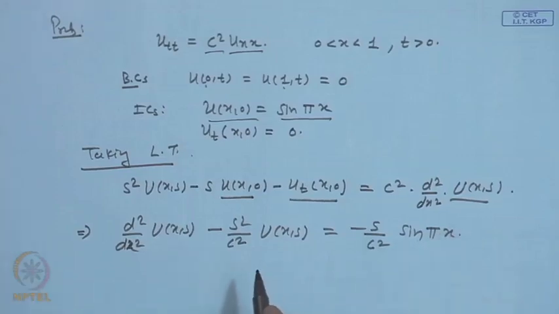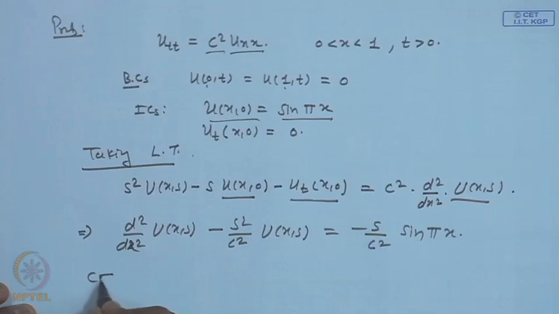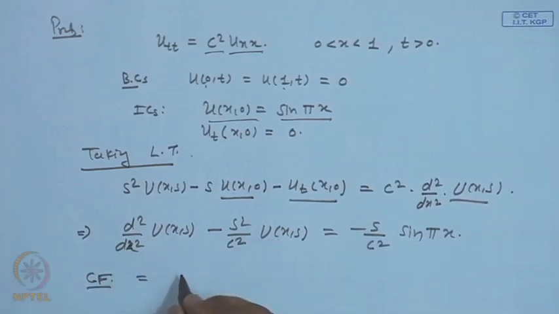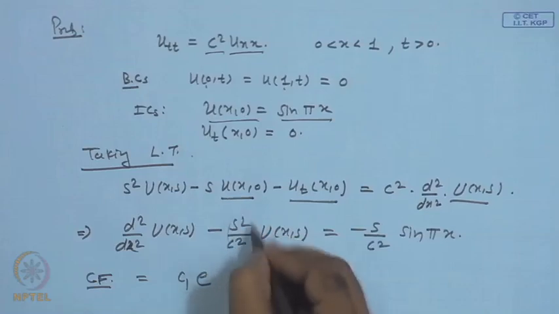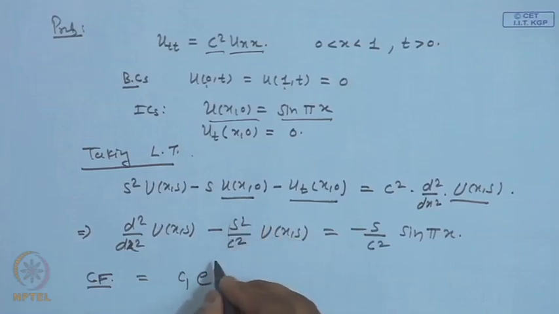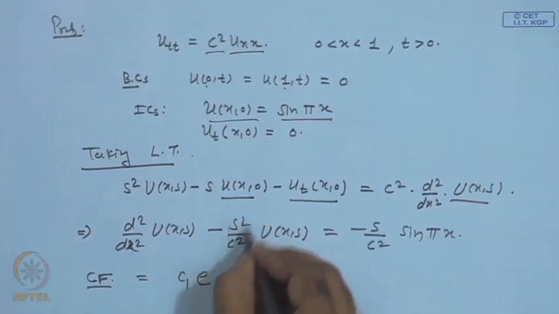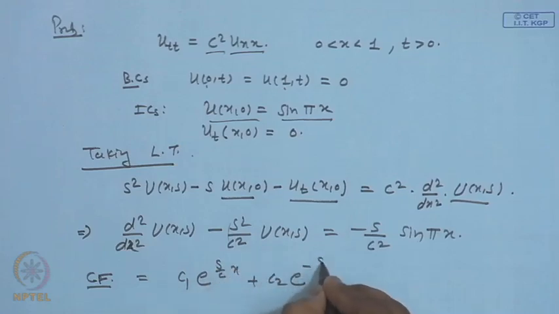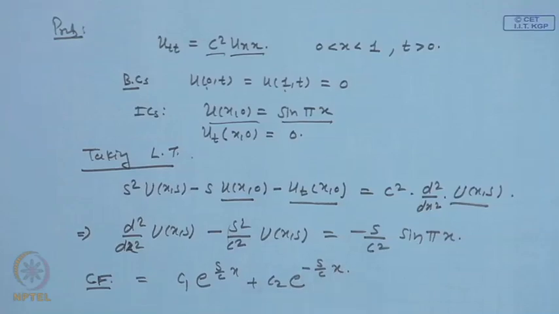Now again, the general solution is the complementary function and the particular integral. For the complementary function, we have C1 e to the power, the roots are plus minus square root of s square over c square. So this is just s over c x, plus C2 e^(-s/c x).